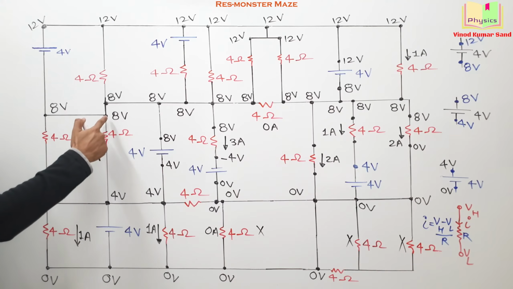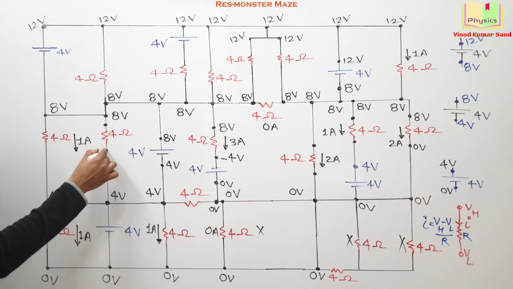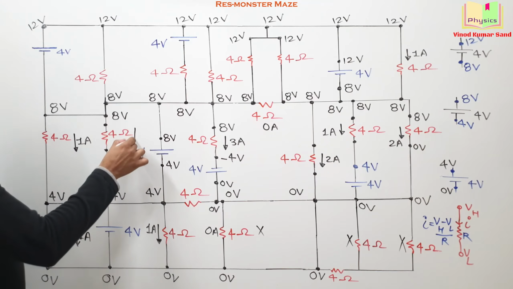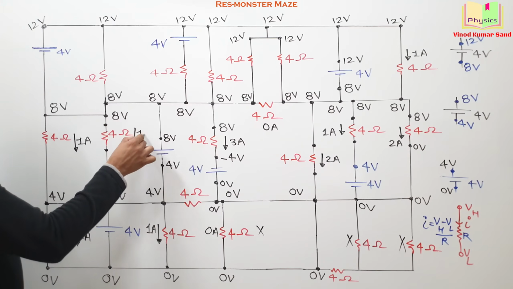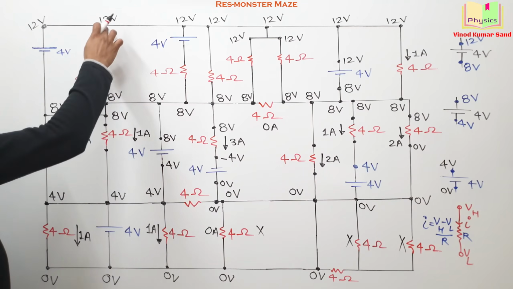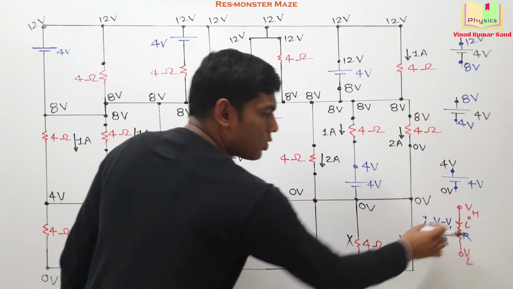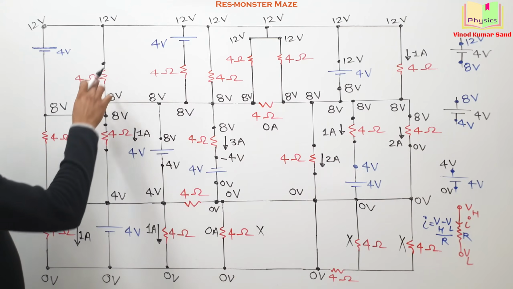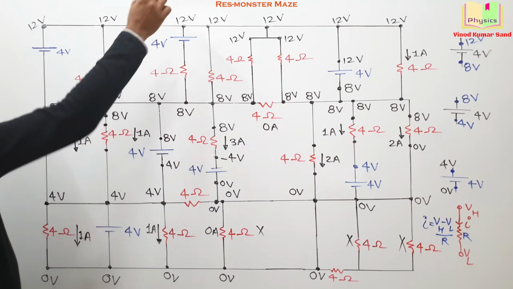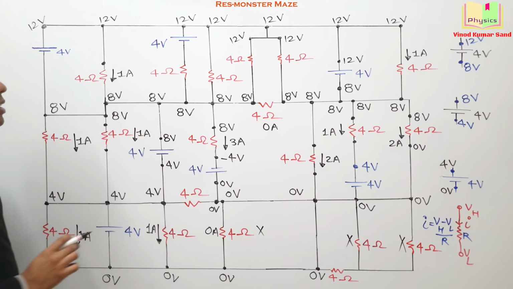Okay. Look at this resistor. 8 volt is the high potential, 4 volt is the low potential. So current through this resistor should also be 1 ampere. Then looking at this resistor, 12 volt, 8 volt, high potential is 12, low potential is 8. So 12 minus 8 by 4 means 4 by 4, current here will be 1 ampere.